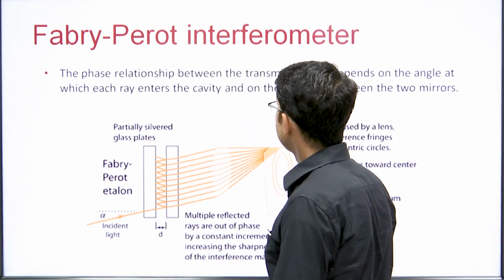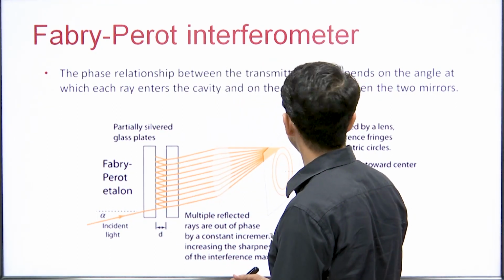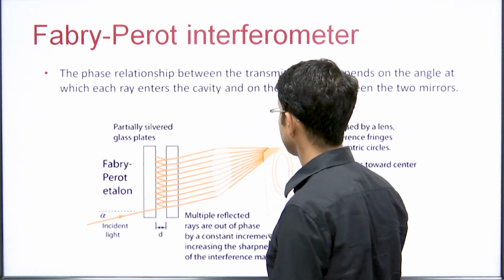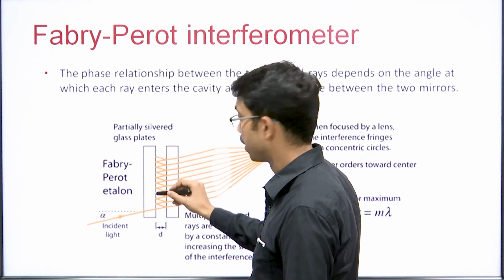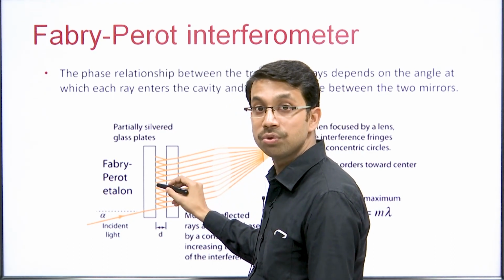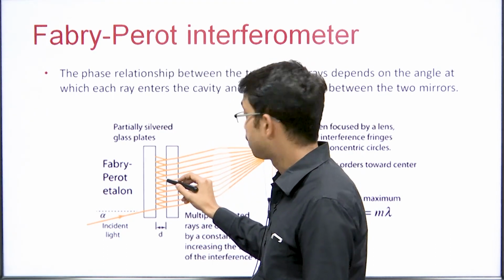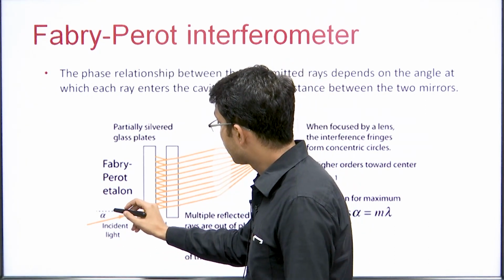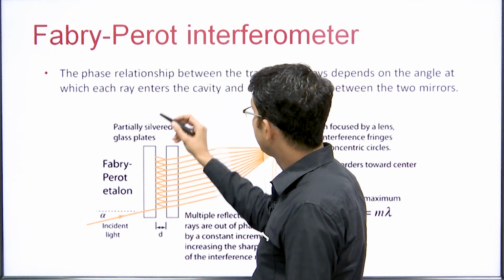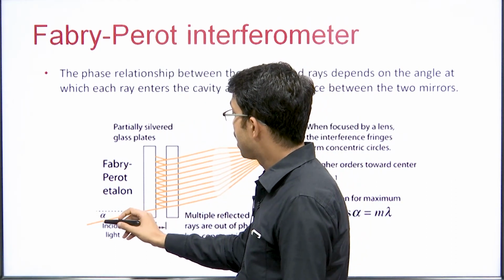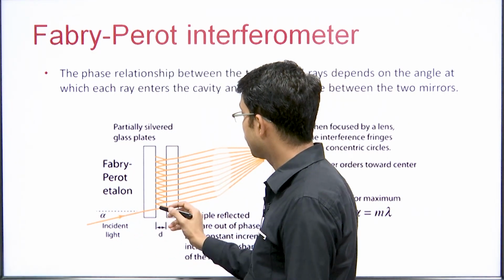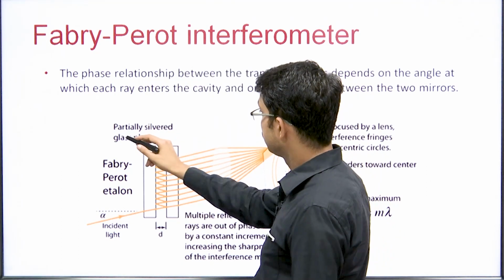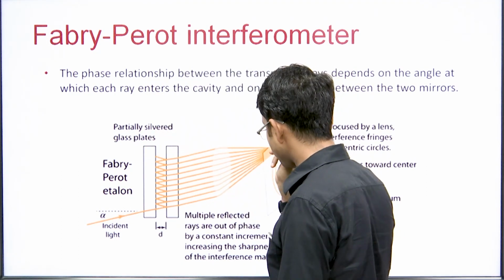The phase relationship between the transmitted rays depends on the angle at which each ray enters the cavity. So, which cavity? This cavity over here, this part between two parallel transparent plates. So, as you can see, the ray is entering at an angle alpha. Okay. So, the phase relation depends on this angle, it is reflecting multiple times, and then we are using a lens, partially silvered glass plates.